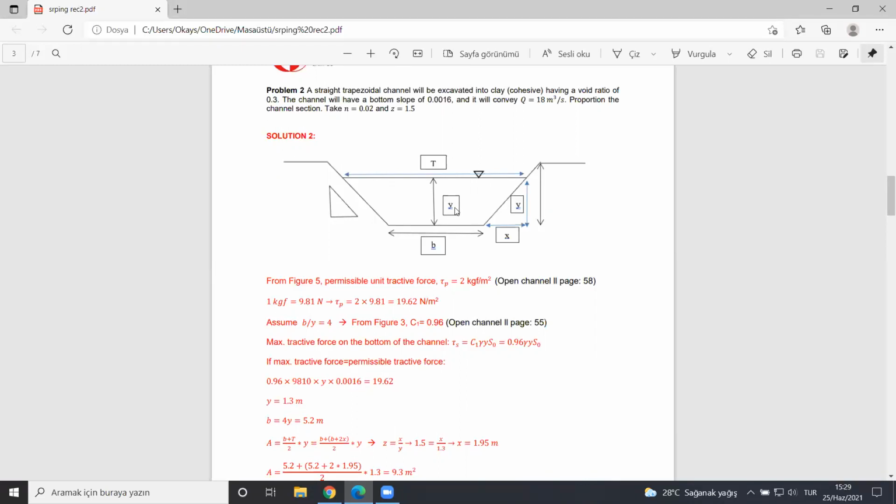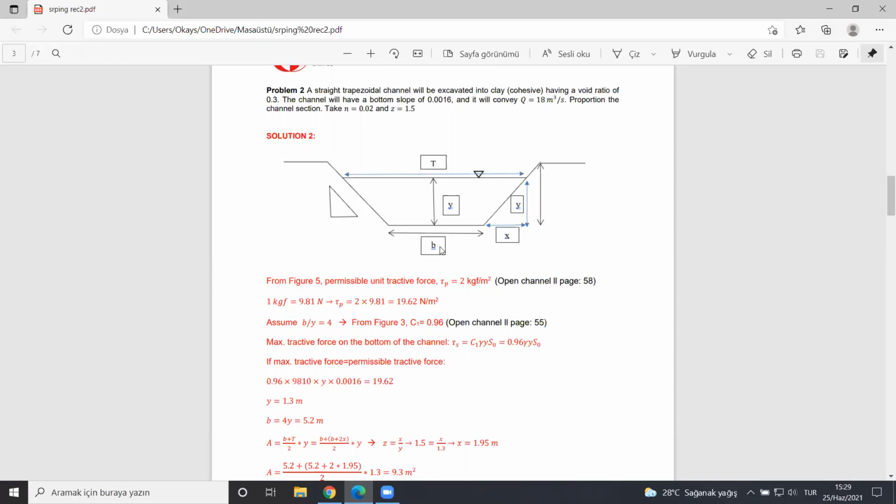We found the y value. After we find y, since our ratio was b over y equal to 4, we can calculate the b value easily. Basically, we will multiply this y by 4, and b will correspond to 5.2 meters.